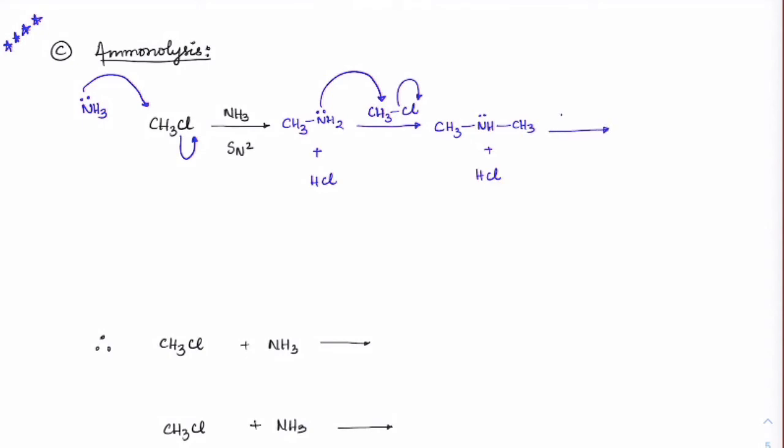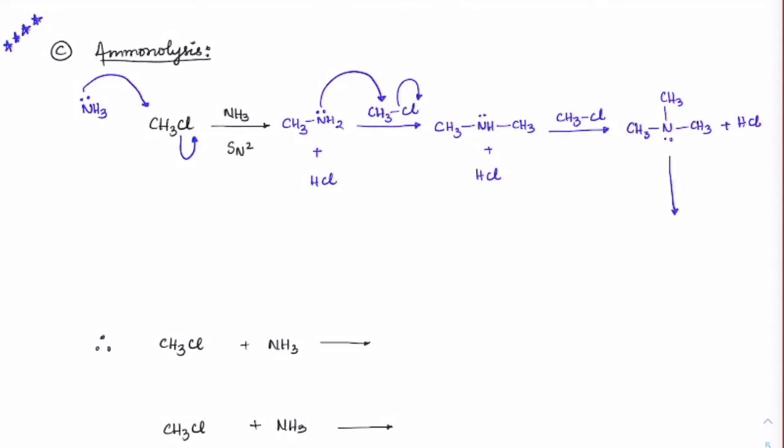Again, if you treat with excess CH3Cl, you will get this product, (CH3)3N with HCl.